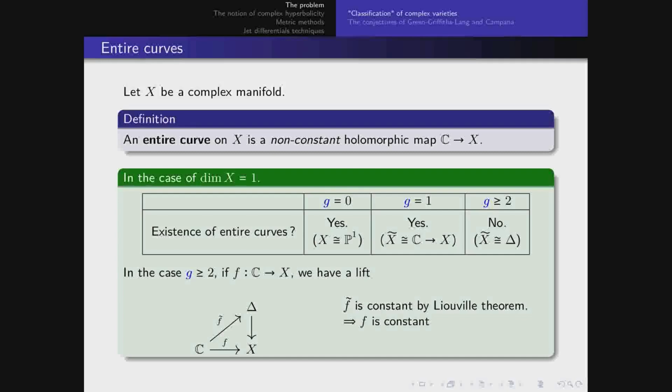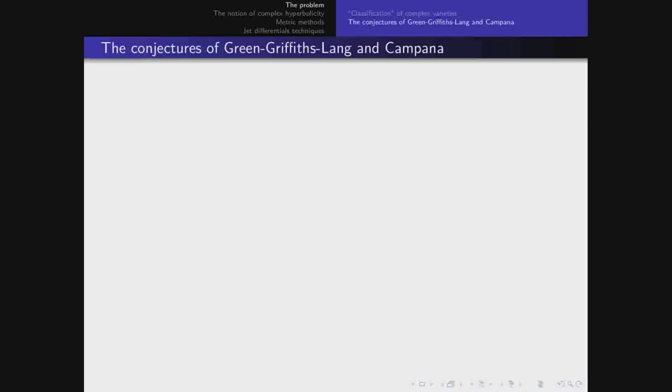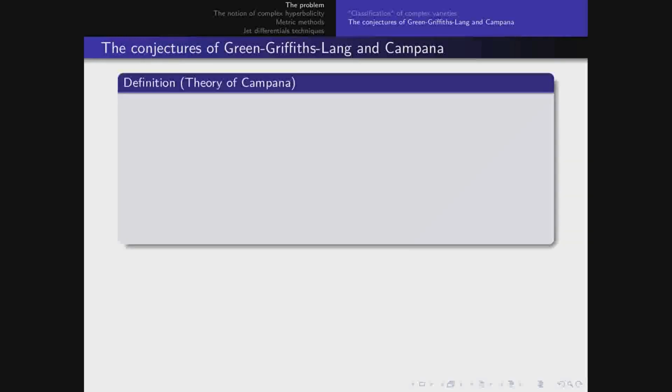So before going to the details, I would like to say that we expect that projective manifolds which are of general type don't admit too many entire curves, and conversely there is a class of manifolds which will be called the manifolds of special type, on which we expect to find many entire curves. So I will explain now what we call a manifold of special type, and as I said before, it comes from the theory of Campana's orbifolds.